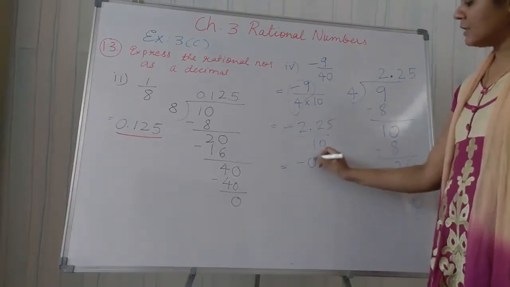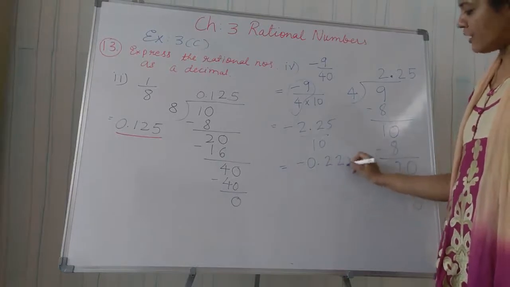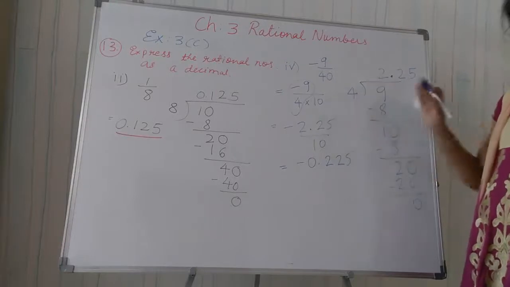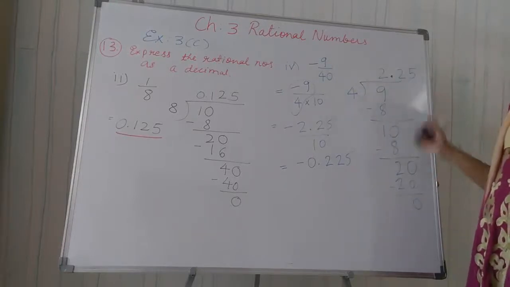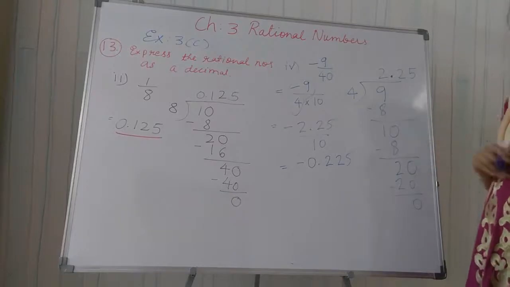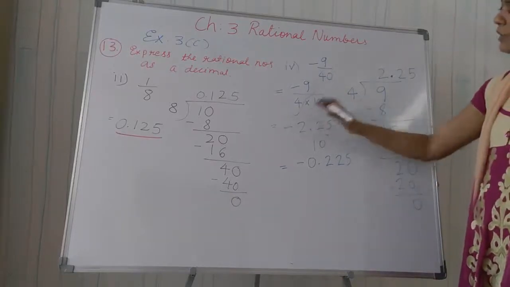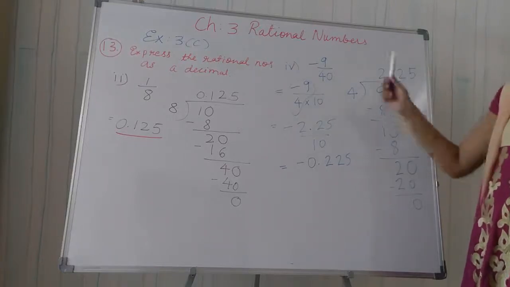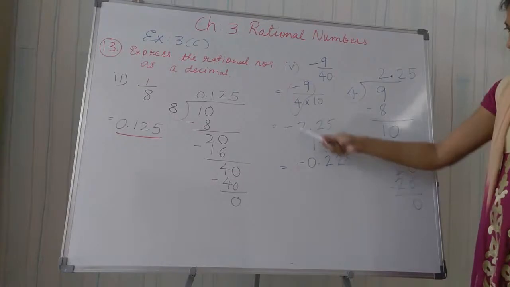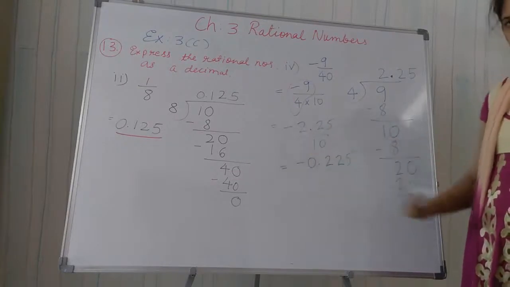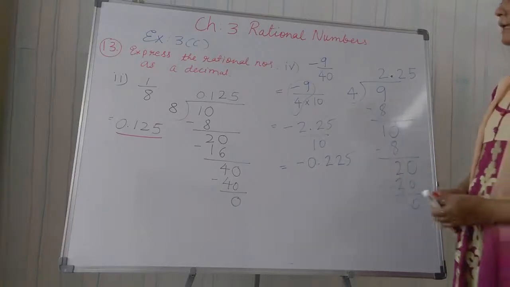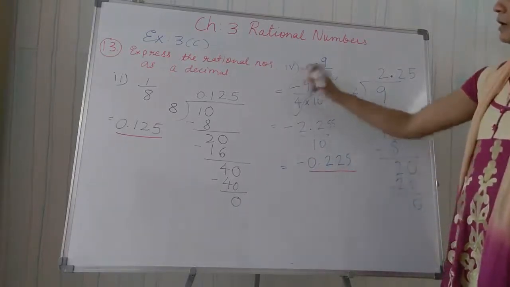It means 0.225. ओके, सो 40 बहुत बड़ा नंबर हो जाएगा, उससे डिवीजन आपको बहुत ज्यादा लंबा हो जाएगा, और ये बहुत इजी हो जाएगा. सो व्हाट वी आर डूइंग, 9 को 4 से डिवाइड कर लेंगे पहले, और फिर ये 10 जो है वो हम डेसिमल प्लेस ऐसे मूव कर देंगे. तो 0.225 इज अवर फाइनल आंसर ऑफ क्वेश्चन नंबर 4. Question 13 का 4th one.